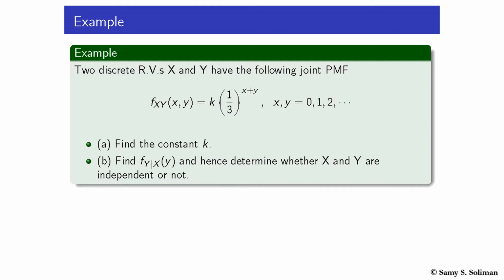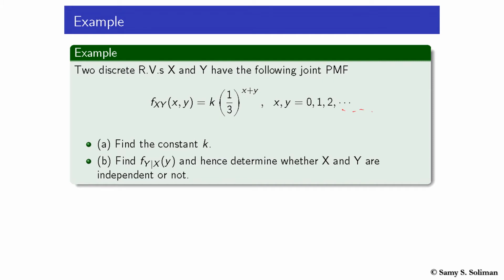This is another example in which we are given the joint distribution without knowing the meaning of the random variables or without having a description of the random variables. However, such problems can be solved exactly the same way as we used before. So we have two discrete random variables, x and y, and they are jointly distributed according to the given equation, where x and y equal 0, 1, 2, and so on.